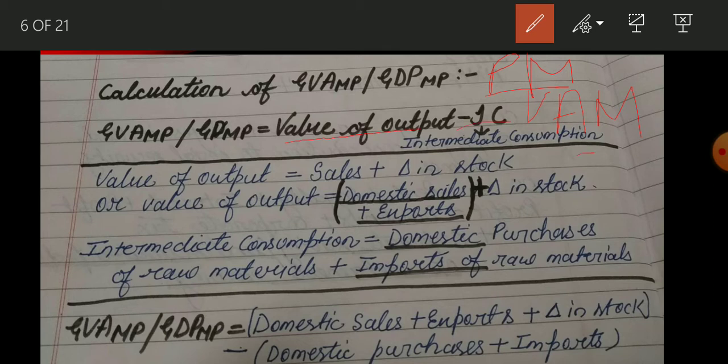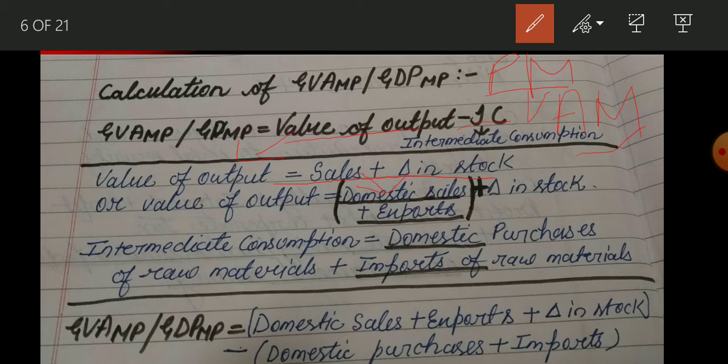IC means intermediate consumption. Value of output is equal to sales plus change in stock, and sales is equal to domestic sales plus export.